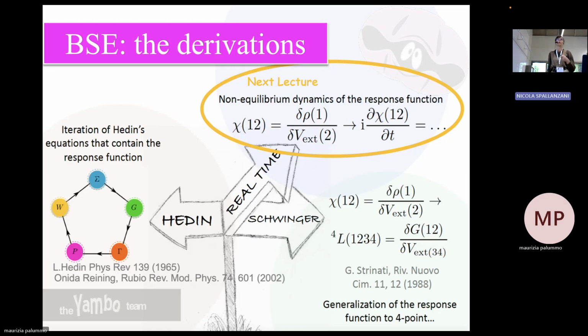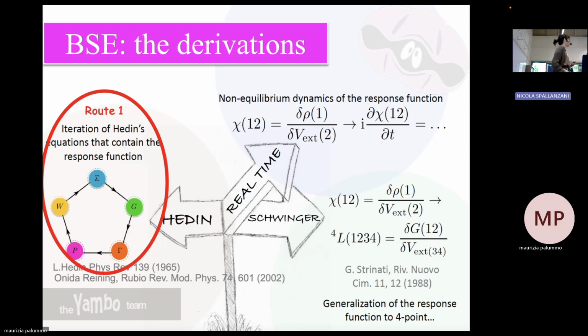But let me go to other two possible derivations of this equation. The mathematics is quite long, I try to give you an idea, but you can find the details in these two references. First of all, as I told you, there is one possibility, which is to go directly through the equation.